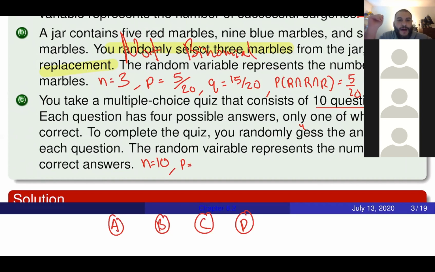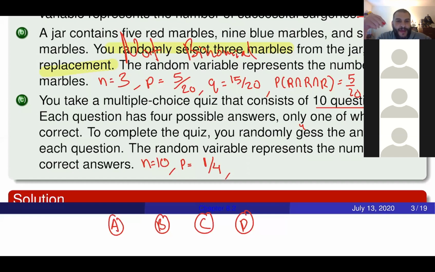You have 4 options to choose from. Of those 4 options, how many of them are correct? If you look at a multiple choice test, whatever it is, if you have 4 options, only one of those options is going to be correct. So the probability that you randomly guess correct is 1 out of 4.